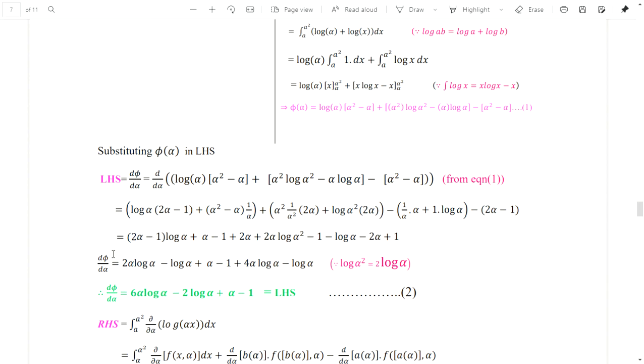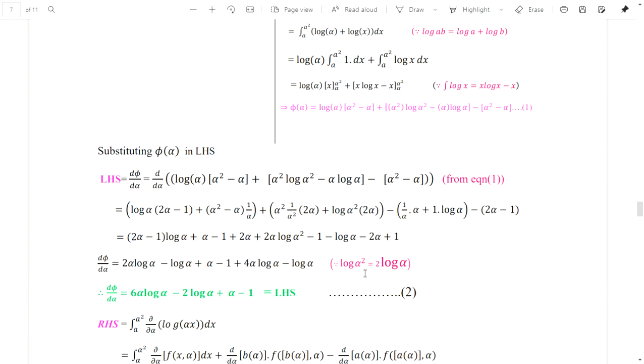So, dφ/dα is equal to 2α log α, minus 1 into log α is log α, plus α minus 1, plus here 2α log α², you see, plus 2α minus 2α will get cancelled, and plus 2α log α². We know that log α² is equal to 2 log α.